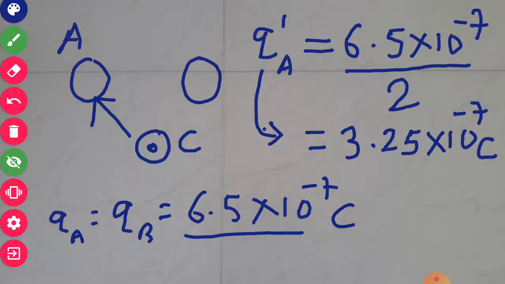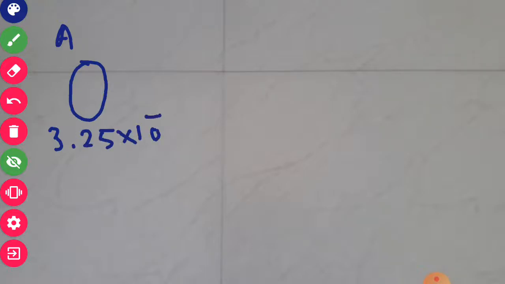So now what will happen? The new situation arises in this way. A is having how much charge? 3.25 into 10 raised to minus 7 coulomb charge.